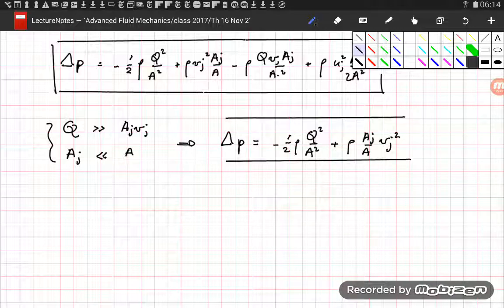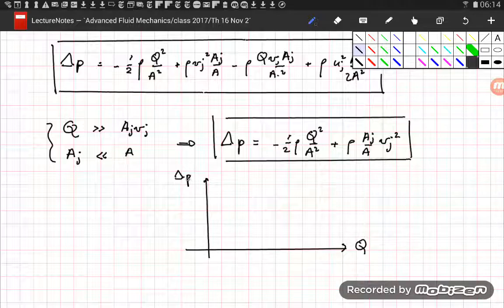And so you see that delta P depends on Q. If you plot delta P as a function of Q, this would be an inverted parabola, which will look roughly like this.